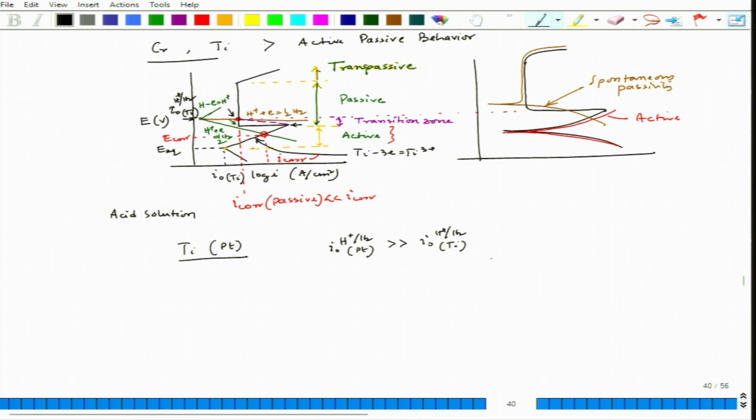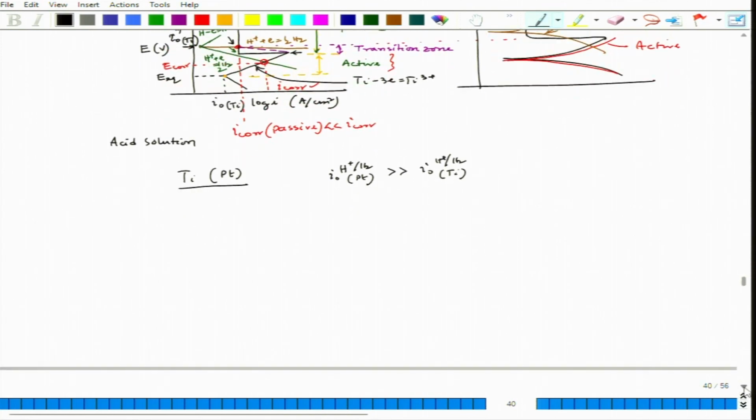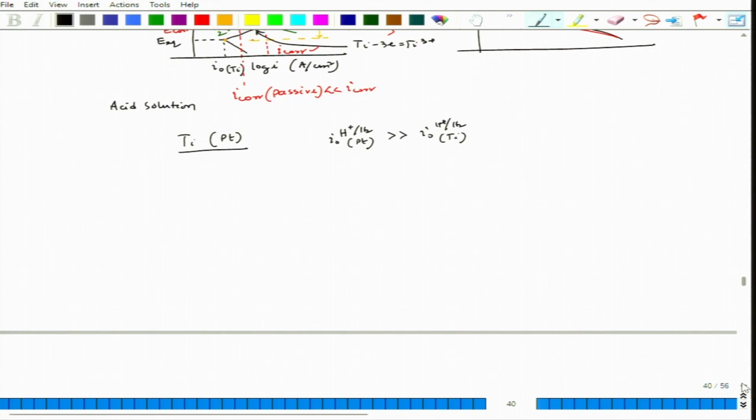Now, when it happens like that, you are going into the section of mixed potential theory. Initially, it will have its own anodic and cathodic part.